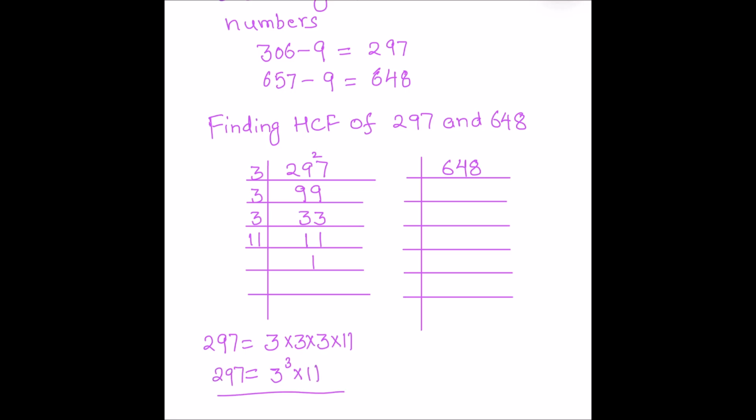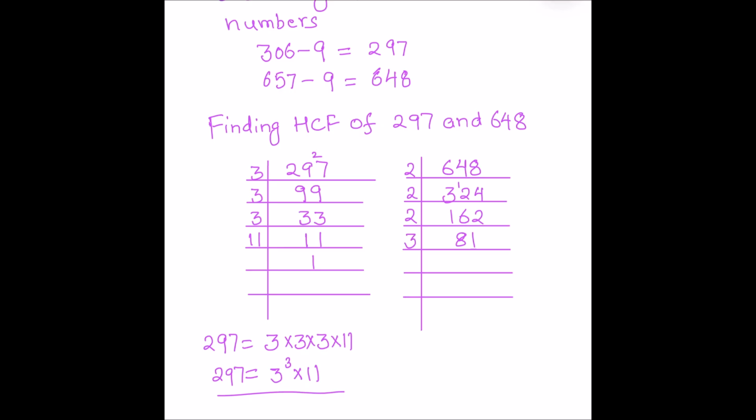Let's find the factors of 648. It is an even number divisible by 2. 2 times 3 is 6, 2 times 2 is 4, and 2 times 4 is 8. This becomes 324. Again dividing by 2 gives 162, then 81.